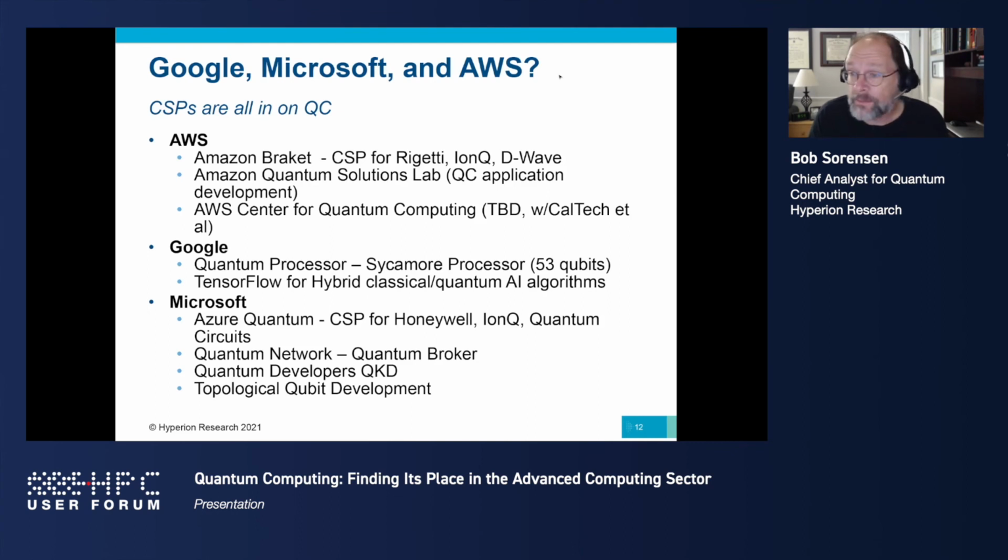I mentioned those companies, the 5 non-traditional players. I picked 3 of them because all 5 of them are cloud service providers. 3 of them are 3 of the largest cloud service providers in the US. All of them are banking in quantum computing, not only by offering cloud access models for existing hardware suppliers, but doing applications development, doing their own quantum computing hardware.